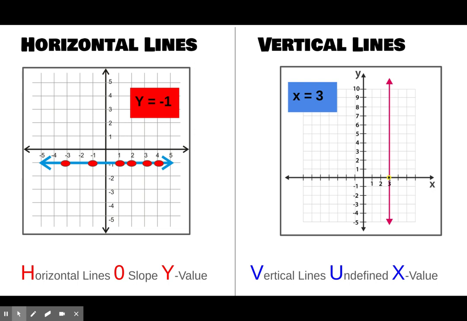Every point on this line is going to have an x value of 3. So I'm going to go over 3 up 0, over 3 up 1, over 3 up 2, over 3 up 4. So my x value of 3 is everywhere on this line. That's why my equation is going to be x equals 3.